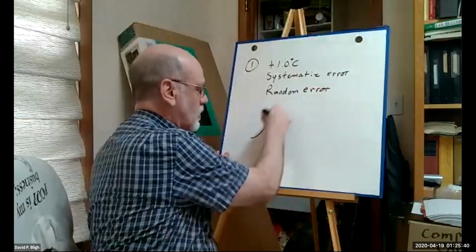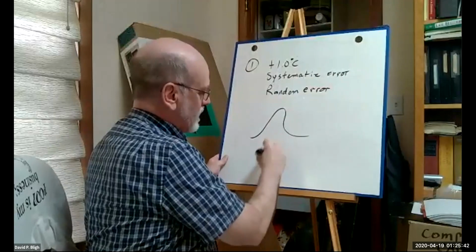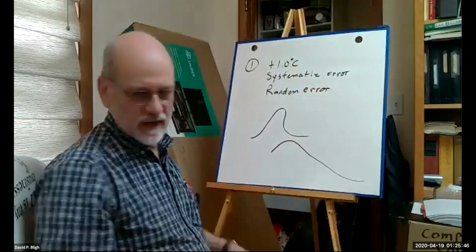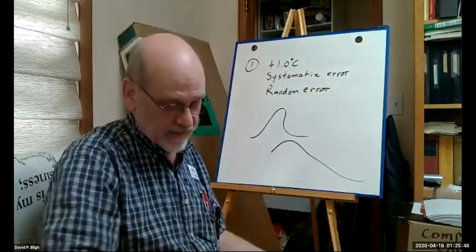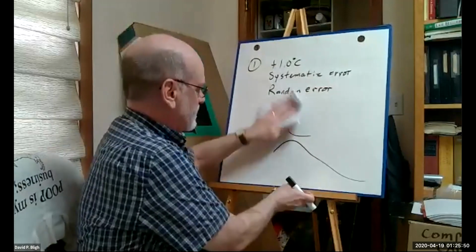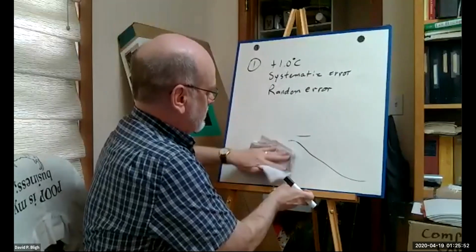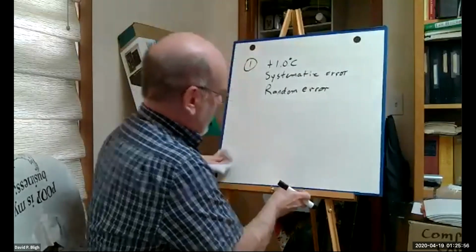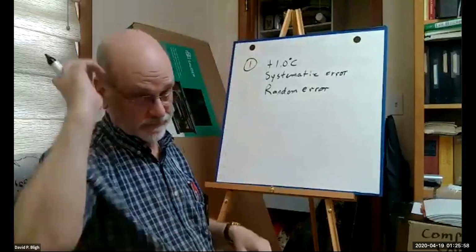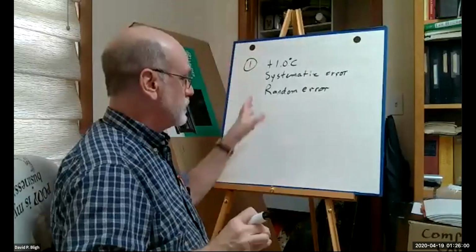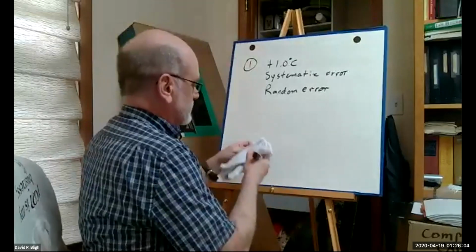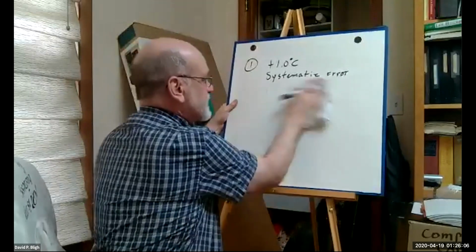Does it have a normal distribution, or does it have a chi-square distribution, which would be kind of like this, or whatever distribution it has. So you actually have to make some assumptions in order to correct for random error. But this is a systematic error.